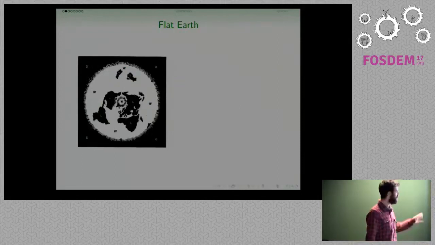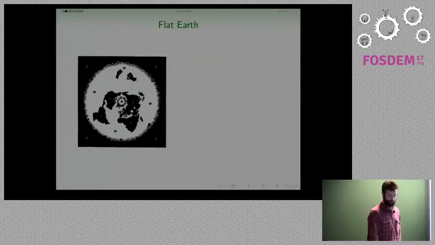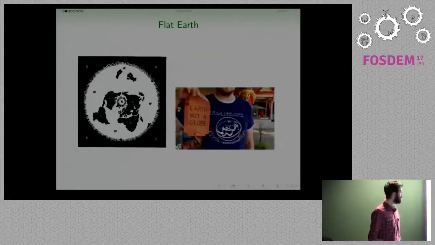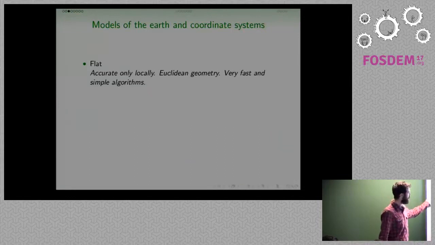So the most simple model that you can have for Earth is the flat Earth. The problem is that there are some people that believe that this is the only model. Okay, we'll go for something more rational. We'll think that the Earth has more models. Having a flat model, we have accuracy only locally.